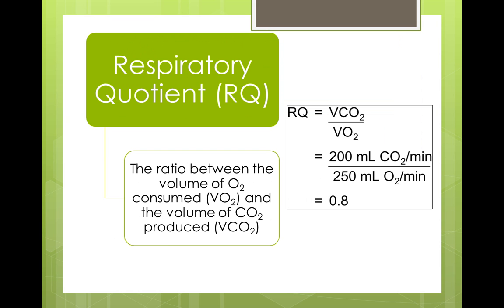When you take that value for CO2 and divide 200 by 250, we get 0.8. Well, it's no coincidence that our ratio, which we call our RQ ratio, or respiratory quotient, equals our ventilation to perfusion ratio. So stop and think about that. Our ventilation and perfusion ratio under normal circumstances should equal our RQ.